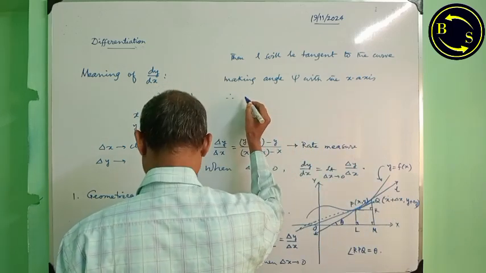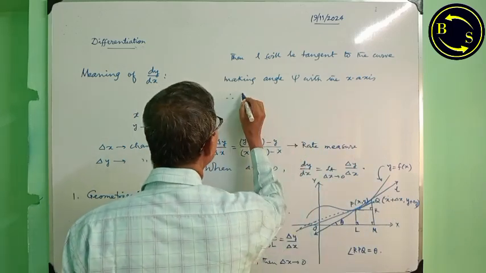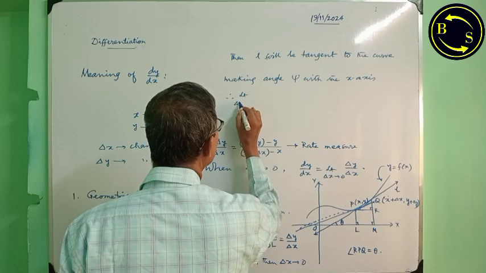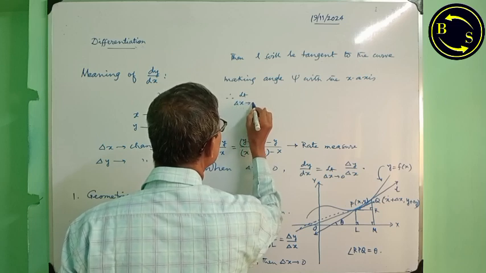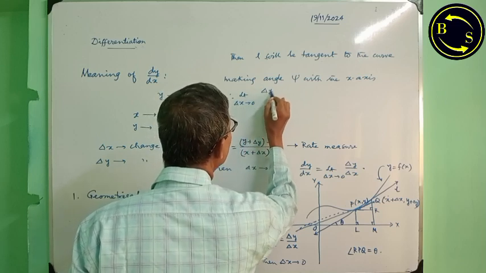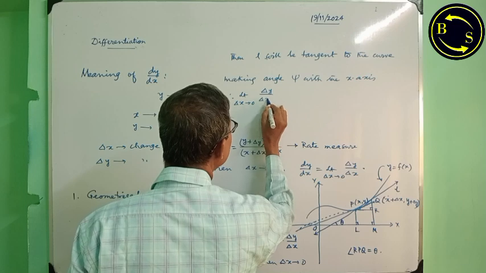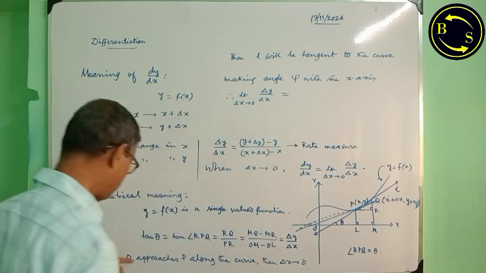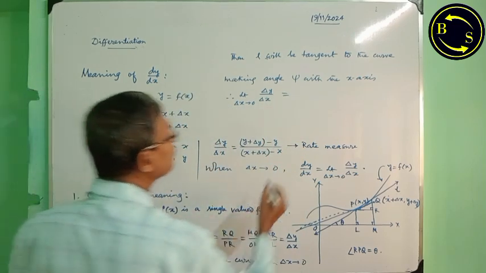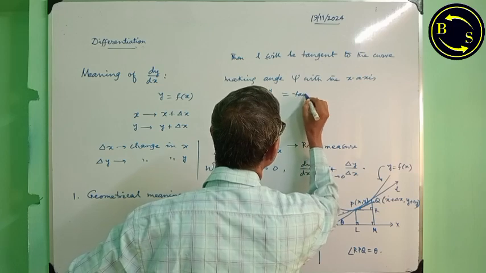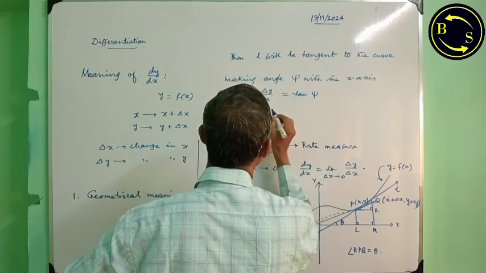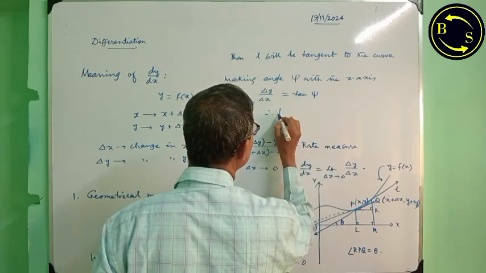Therefore, limit delta x tends to 0 of delta y by delta x is equal to tan theta, which will be tan psi, and this is dy/dx.